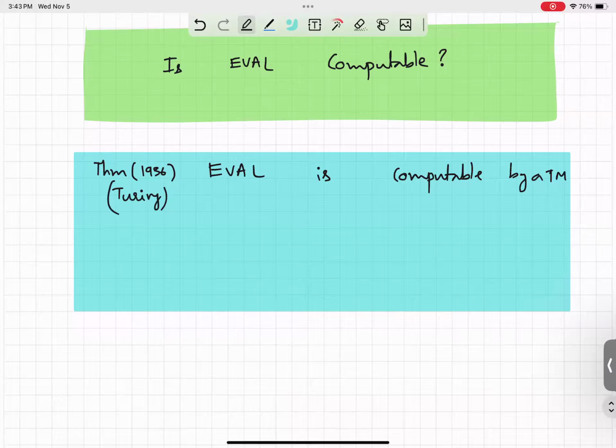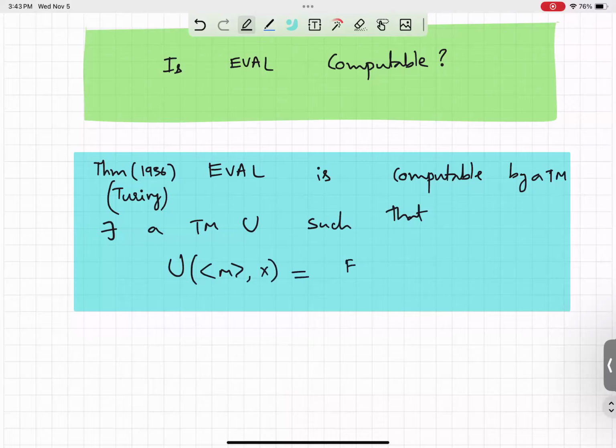Okay, so he showed that there exists a Turing machine U such that U of m comma x is eval of m comma x for all m comma x.